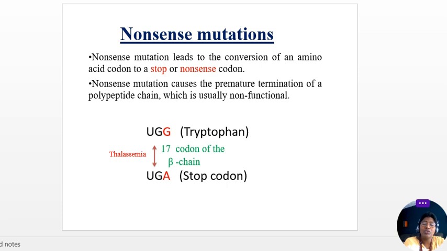Because of the stop codon, only up to the 17th position the amino acids will be synthesized, and after that no amino acid will be synthesized, with no lengthening of the polypeptide. When this stop codon is reached, polypeptide formation is stopped. So we get a premature polypeptide, which is non-functional.